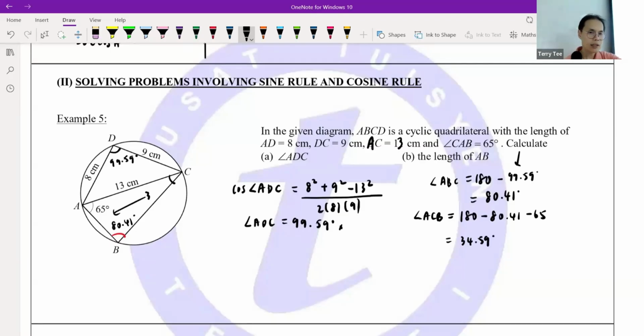So if I know this is 34.59, we can use sine rule here to find your length of AB. So this is a combination of sine rule and cosine rule. AB is opposite to this angle, sine 34.59. Then you equate with 13 divide by sine 80.41.